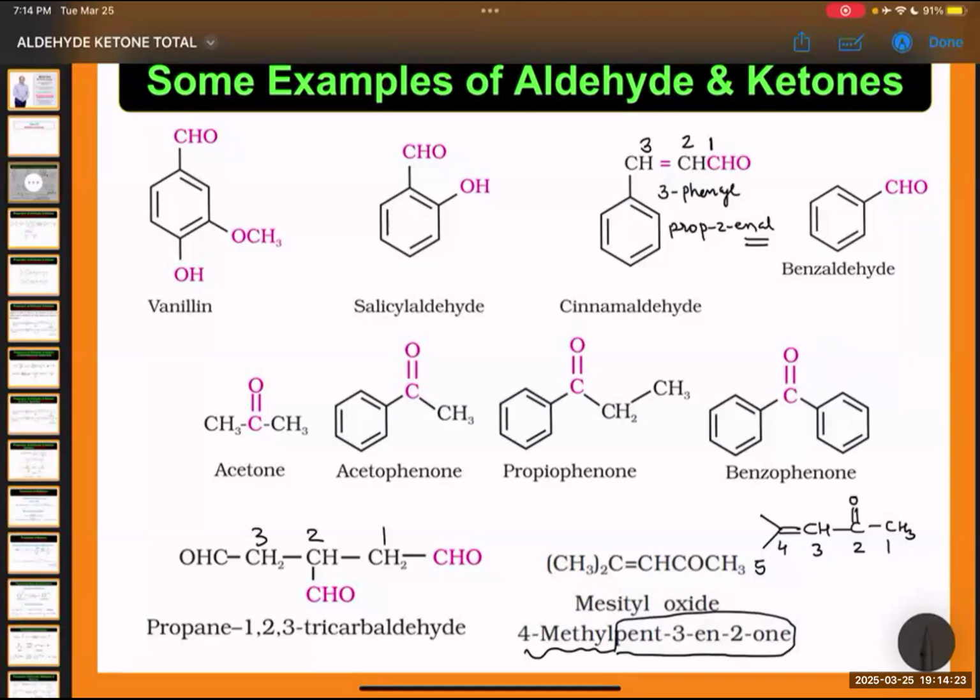Got it? So these are some common aldehydes and ketones from your NCERT. Vanillin, salicylaldehyde, 2-hydroxybenzenecarbaldehyde. Got it?